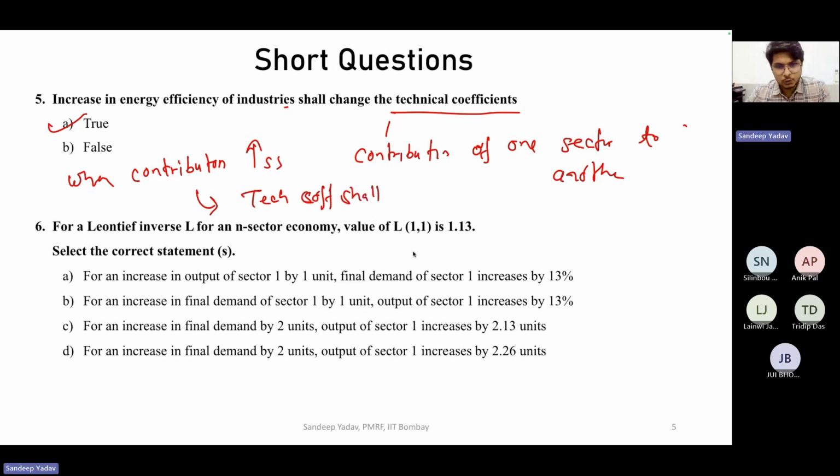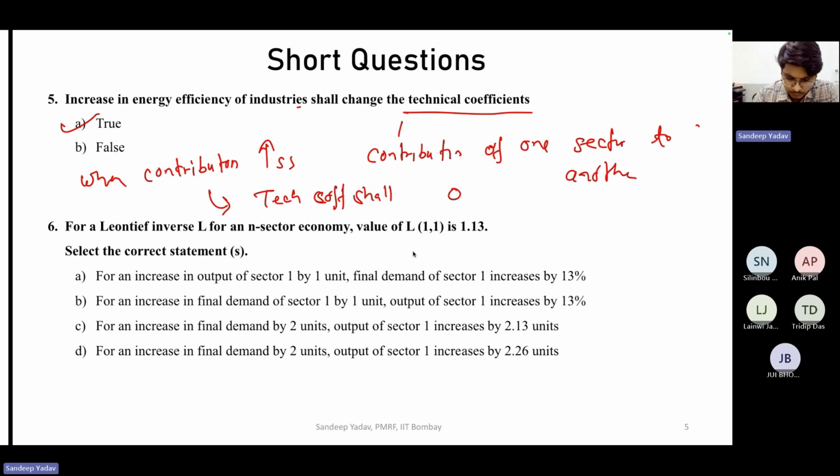It will change within the range 0 to 1 only, as technical coefficients lie in the range from 0 to 1.